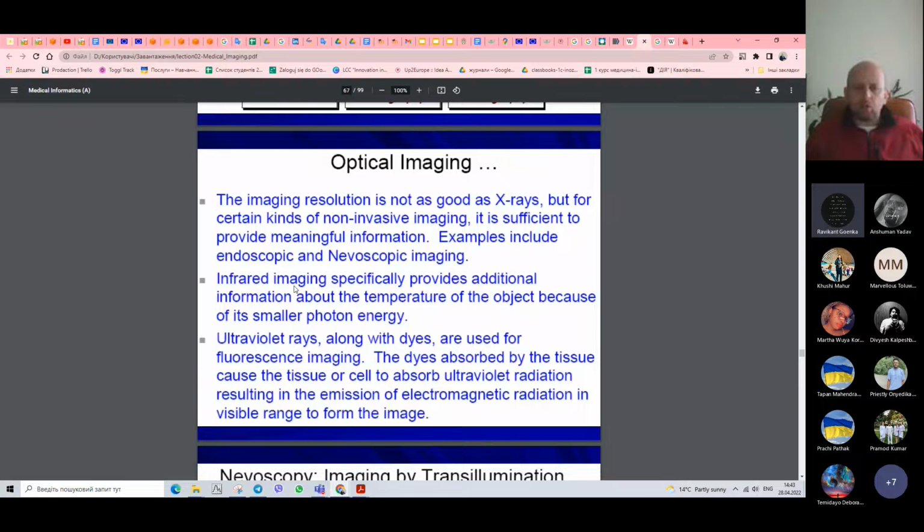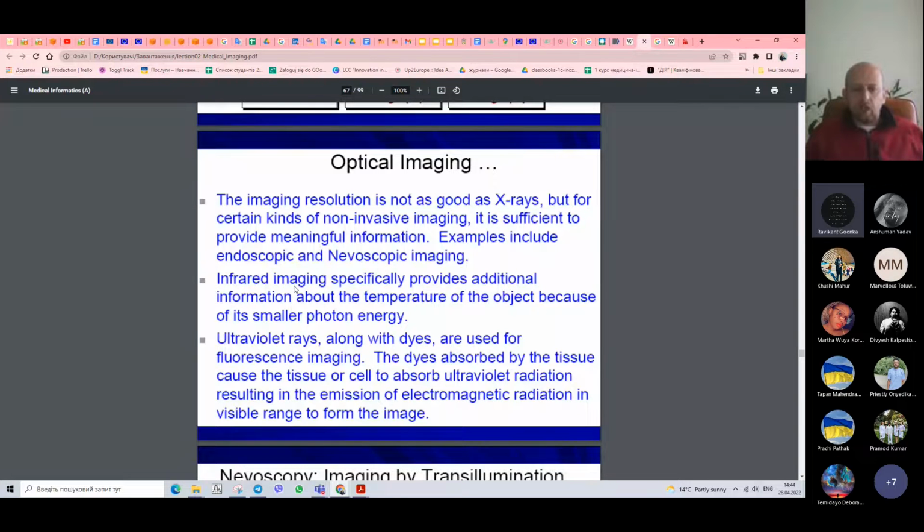Examples include endoscopic and nevoscopic imaging. Infrared imaging specifically provides additional information about the temperature of the object because of its smaller photon energy.